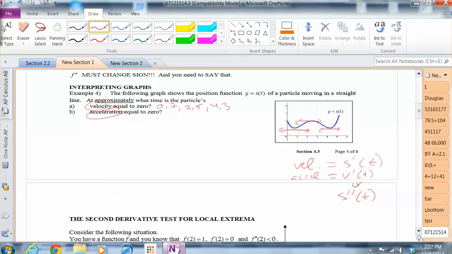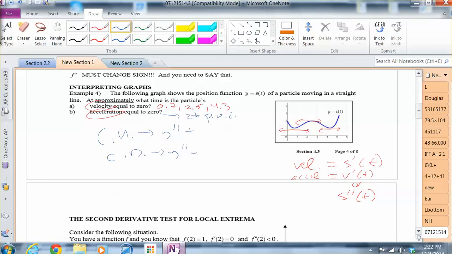Now this gets a little tricky with the acceleration. So remember, concave up, you have a positive second derivative, concave down, you have a negative second derivative. But we want the acceleration to be 0, so we want to see when the second derivative would be 0.